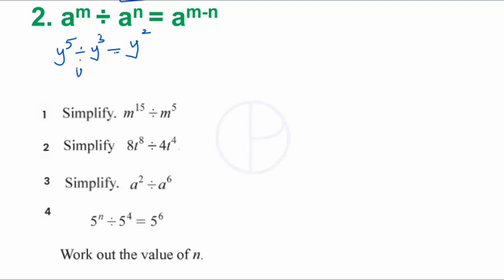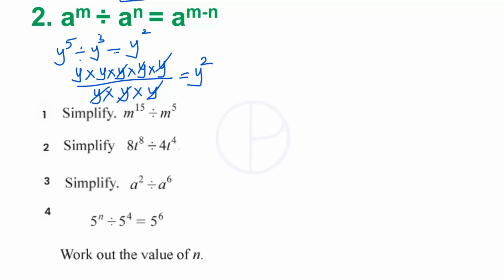Actually, y power 5 is nothing but y 5 times divided by y cube, that is y 3 times. Now we can cancel out these. So we get remaining y square. So here also y square.